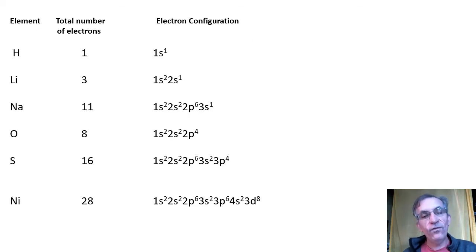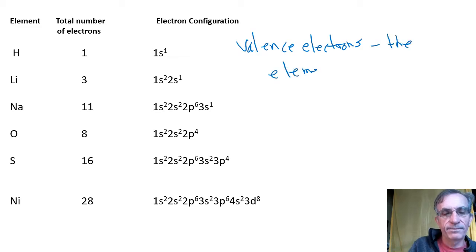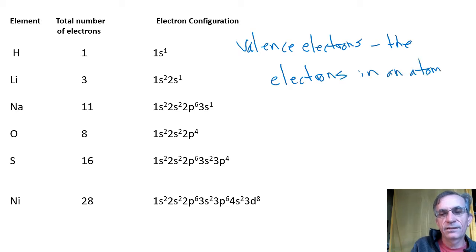Okay, so before we get into compounds, I've got to remind you of something we talked about in the previous lecture, which is this idea of valence electrons. Valence electrons are the electrons in an atom's outermost shell.